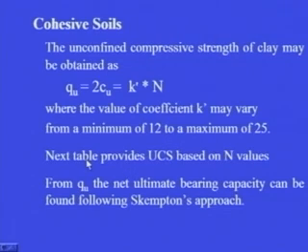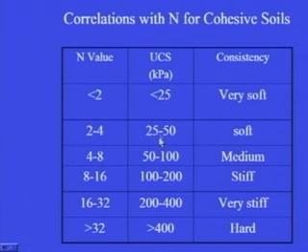So, the next table provides UCS based on N value. Now, from qu the net ultimate bearing capacity can be found following Skempton's approach. Here these N values are also correlated to the unconfined compressive strength value. Here these are given in kilopascal, and these are related to the consistency of soil. For example, if we get a very low value less than 2, then the consistency of the soil is very soft, and the unconfined compressive strength will be less than 25 kilopascal.